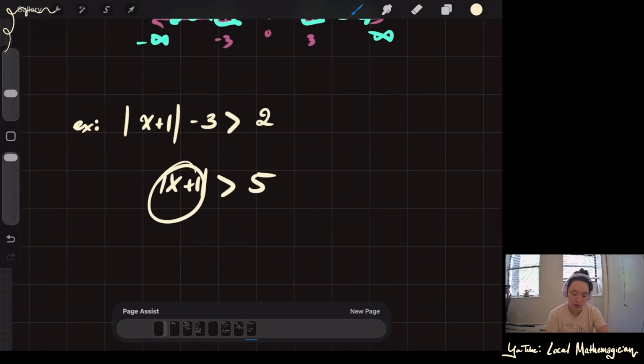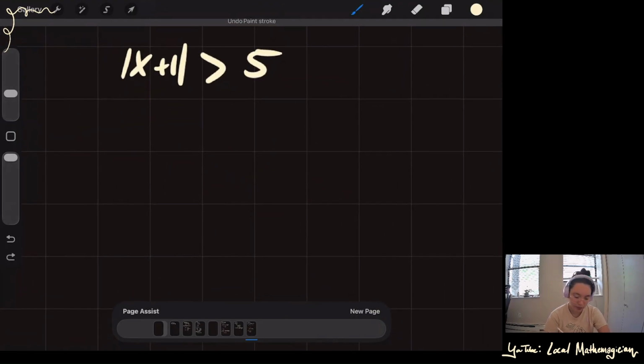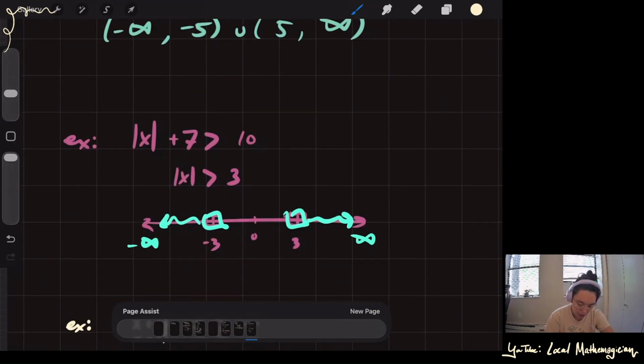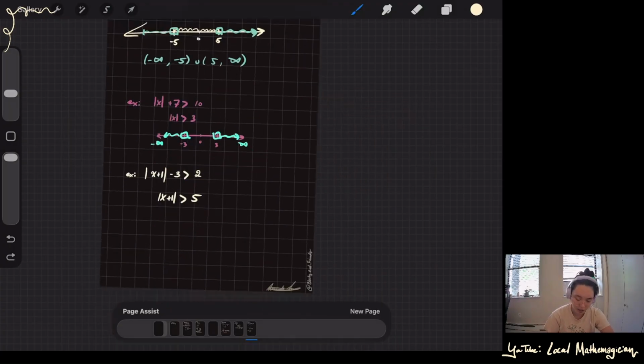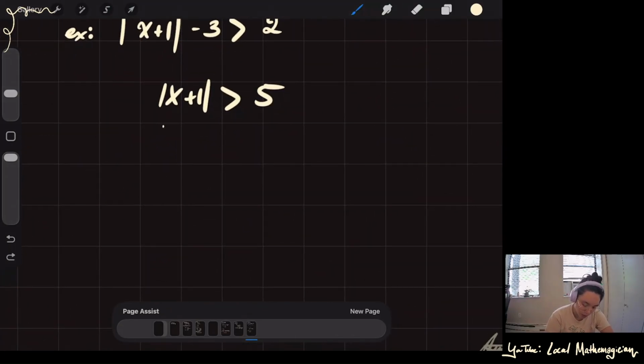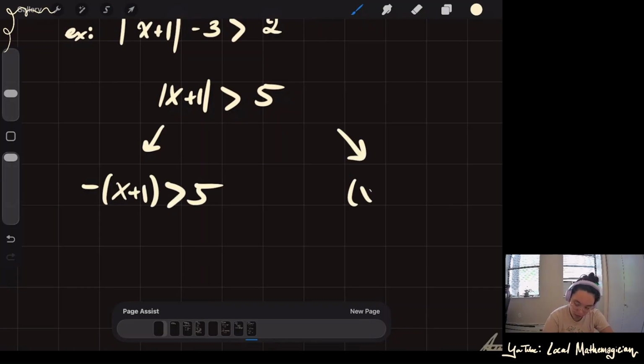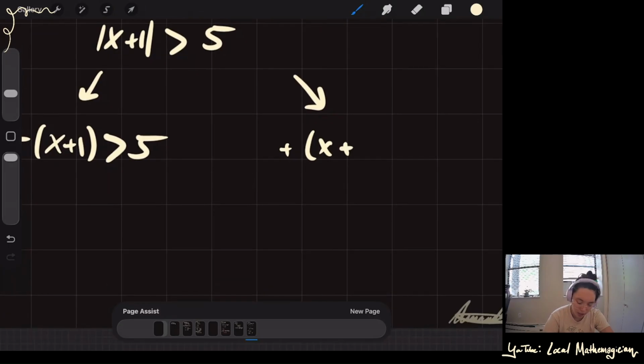We want the solution of this to be bigger than 5, right? If we follow the same methodology as this, or even as this, you're looking at that external radii. So really you want negative x plus 1 is greater than 5, and positive, you can put the positive if you'd like, x plus 1 is greater than 5.